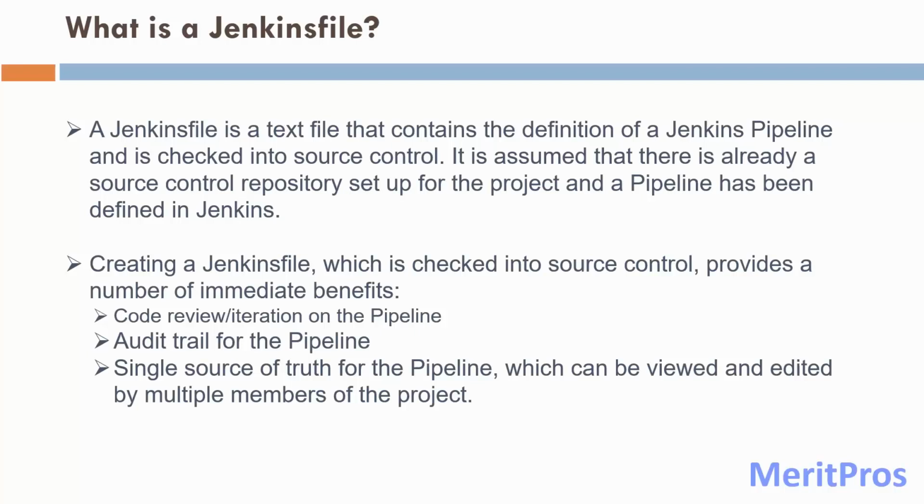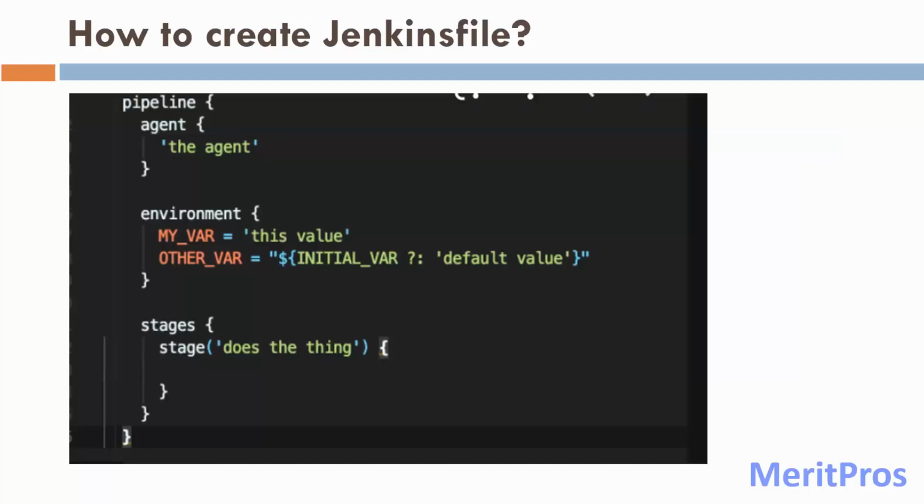Now let me show you how this pipeline's Jenkins file looks like. So this is your Jenkins file. It says inside one pipeline you have one agent. For example, your agent is any, ABC, let's say, and which environment you are going to test.